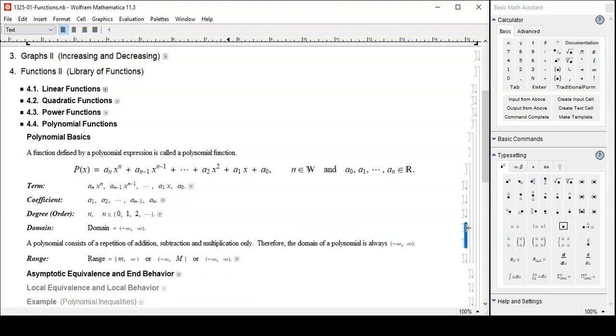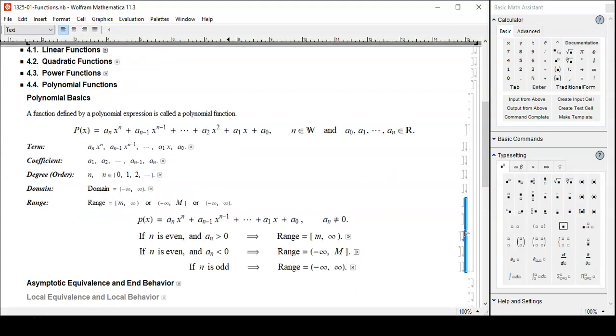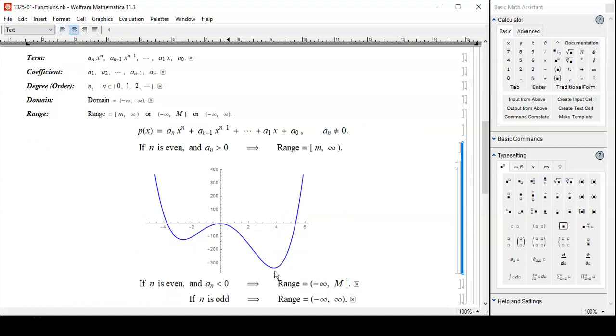The domain of a polynomial is always negative infinity to positive infinity because a polynomial is defined only by repeated multiplication and repeated addition. No division, so you don't have to worry about dividing by 0 or things like those. How about the range? Well, the range is some minimum to positive infinity, like this, if you have even degree with positive leading coefficient.